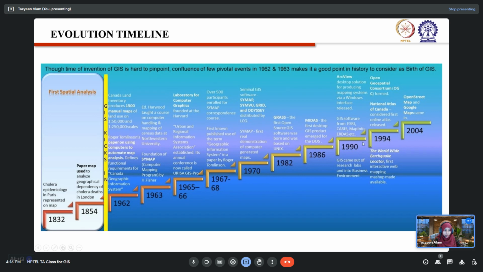We also used GIS software from Esri, Caris, MapInfo, and ADAS, and many more platforms. Then we went to the Open Geospatial Consortium, and the National Atlas of Canada was considered the first online atlas that was released. And finally, in 2004, OpenStreetMap and Google Map came in, and now it is working pretty efficiently, and we have many more platforms apart from these. But this is how it started, and now it has evolved much higher.